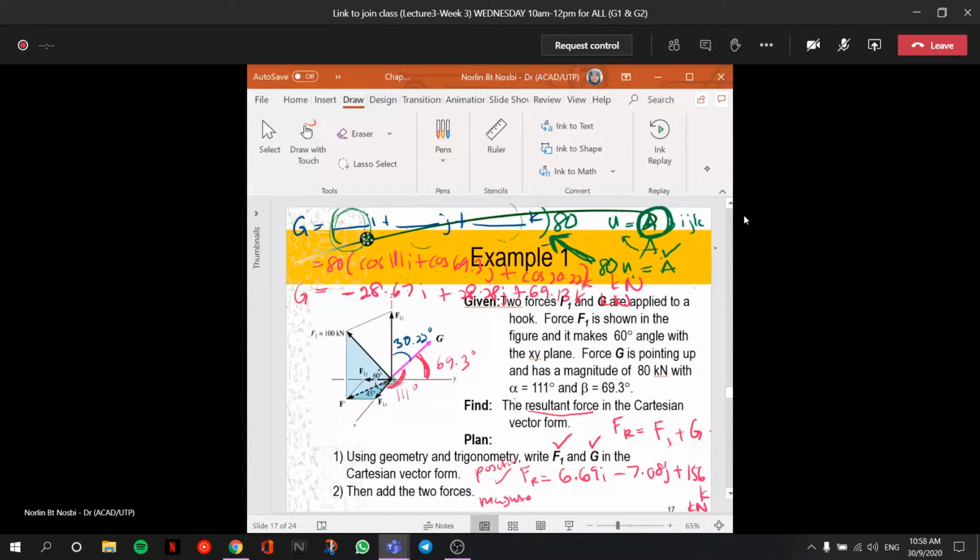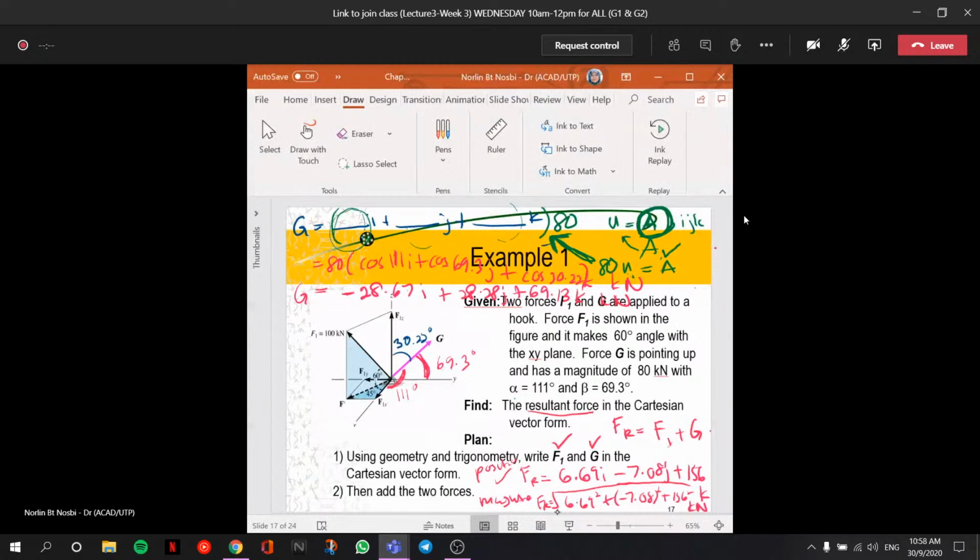The formula for the magnitude of FR is 6.69 squared plus negative 7.08 squared plus 156 squared, and then square root. You will get the magnitude value.